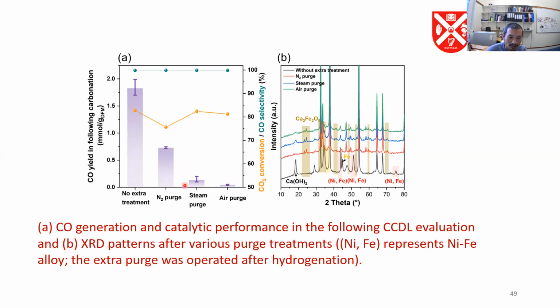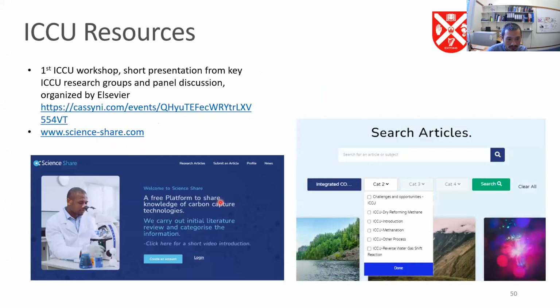Without this treatment, there's quite a significant amount of carbon monoxide produced in the flue gas. Of course, if the CO2 source is syngas, like from biomass gasification, then we don't need to worry about this. In some cases, if the CO2 source is the flue gas, we need to consider the production of a new pollutant in the flue gas.